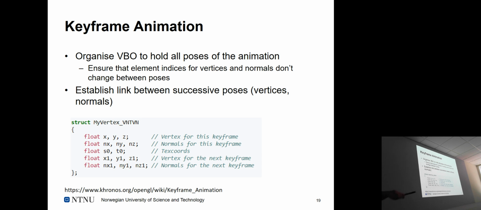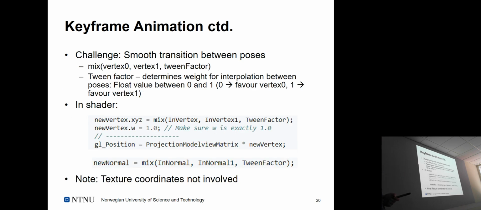So here we define original positions in keyframe 1, then subsequent positions in keyframe 2, and then the mix function is used to interpolate between them. We pass the first vertex, the new position for technically the same vertex, and then the tween factor, which is a parameter used in interpolation.